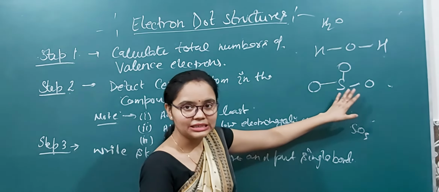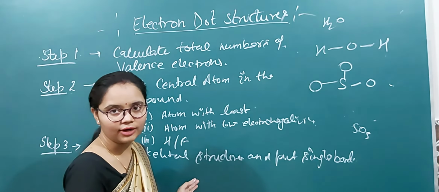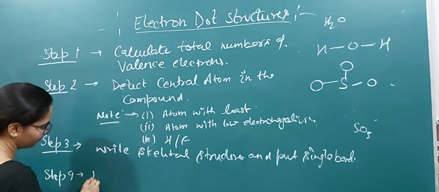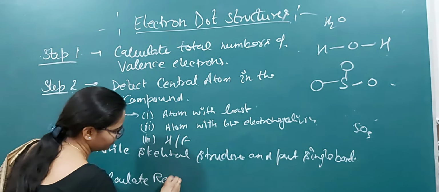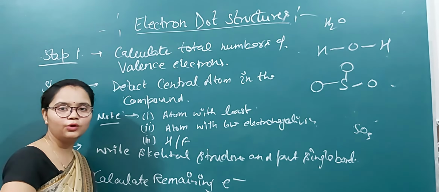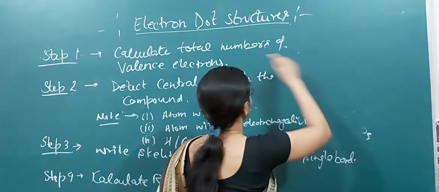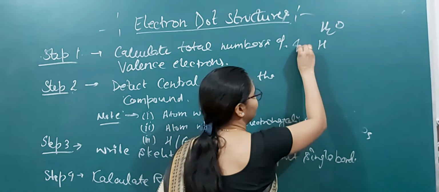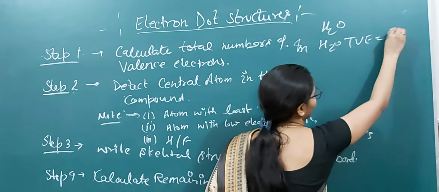After putting the single bond, the next point is that we have to calculate the remaining electrons. How can we calculate the remaining electrons? Let's see. According to the first step, in H2O the total valence electrons equal 8.